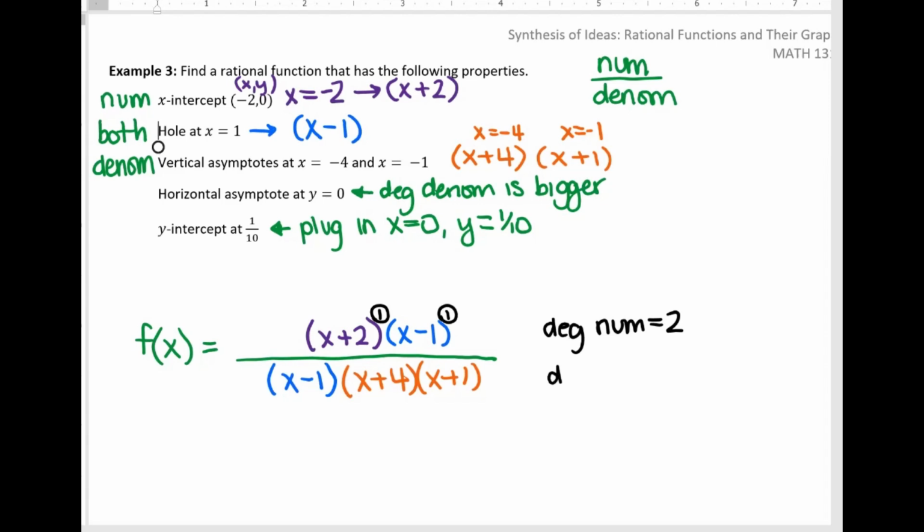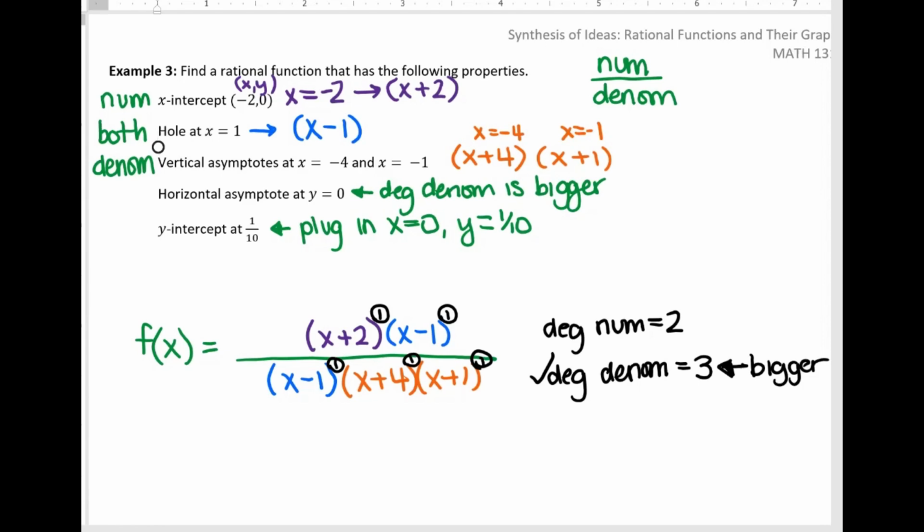And in the degree of the denominator, we have 3 for the same reason, adding up all the exponents. And we know that 3 is bigger than 2. So degree of the denominator is bigger. Cool. We have a horizontal asymptote of y equal to 0.